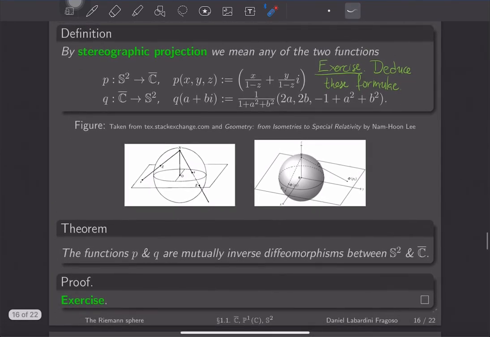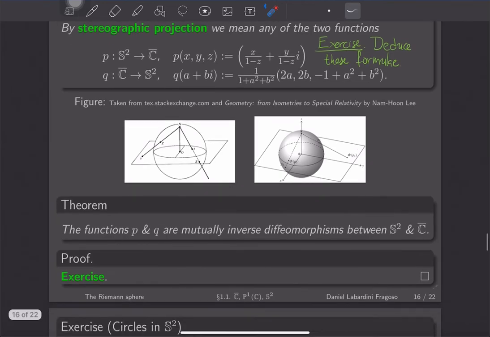What is a bit more challenging is showing that they are actually diffeomorphisms between S2, the unit sphere, and the extended complex plane. In the very end, it's because everything that appears in numerator and denominator are polynomials. That turns out to be the very final reason. But the details I leave as an exercise.